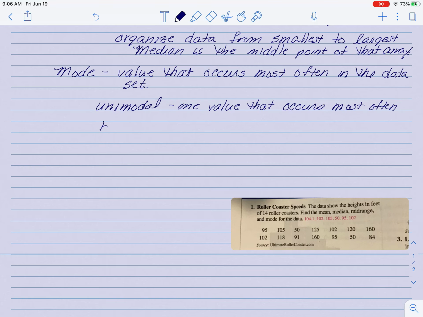You can have a bimodal. That's where you have two values that occur the same amount, and that amount is more often than any others.